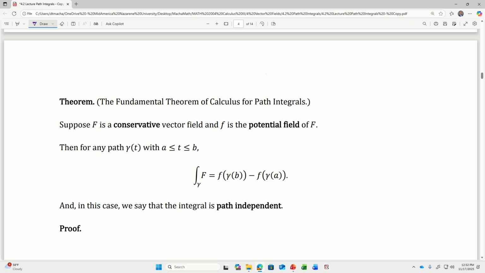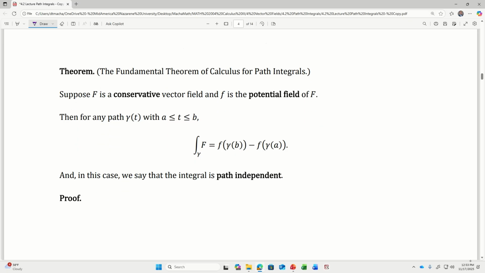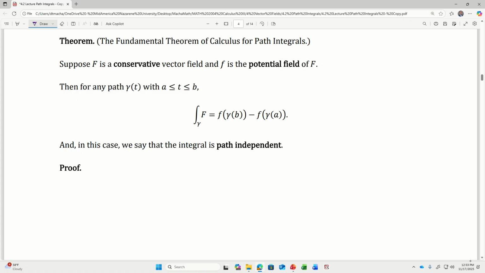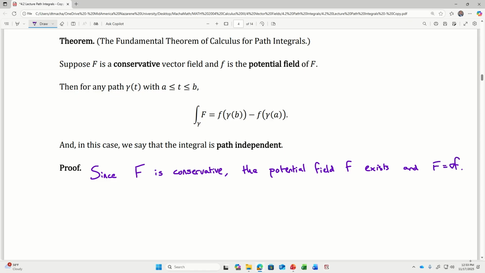So a proof of why this has to be true is you could say, since capital F is conservative, the potential field exists and capital F is the gradient of lowercase f. Those are just definitions that we learned in previous lectures.